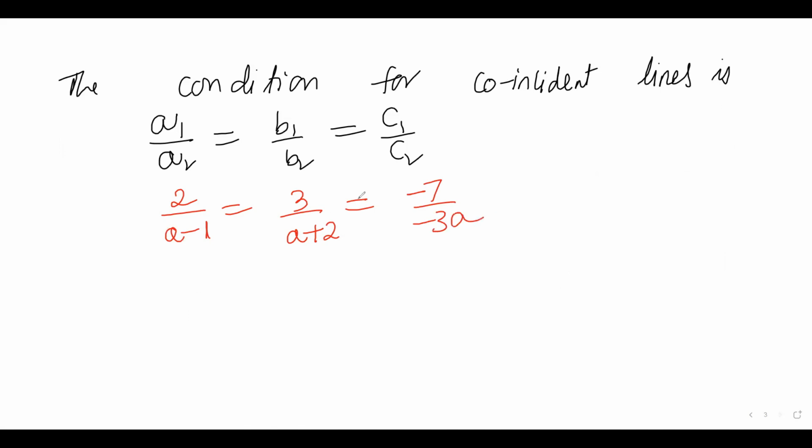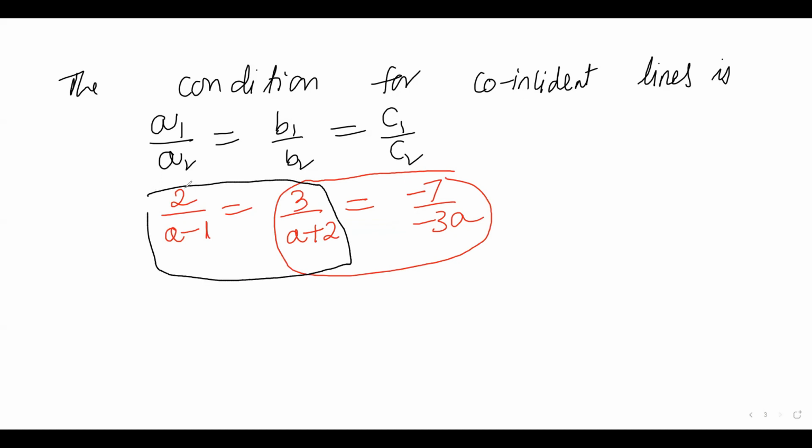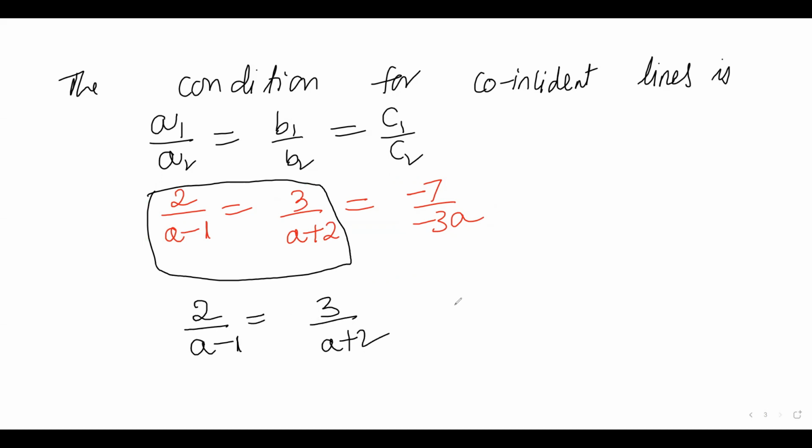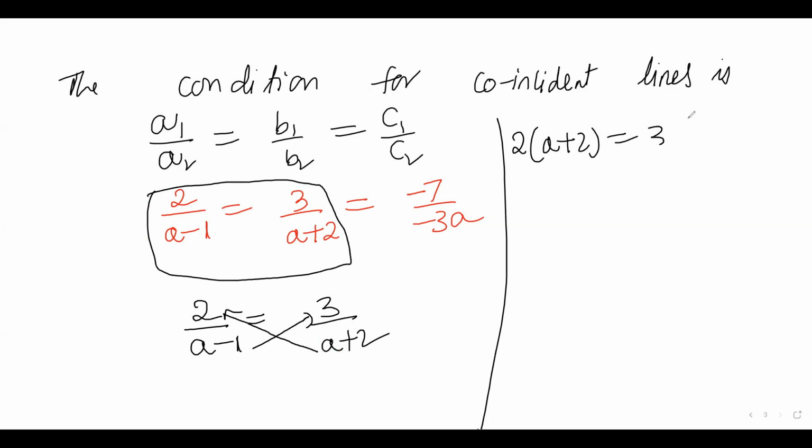You can compare these two, or else compare the first two. Let us compare the first two terms and get our a value. 2 by a minus 1 is equal to 3 by a plus 2. Cross multiply: 2 into a plus 2 is equal to 3 into a minus 1.